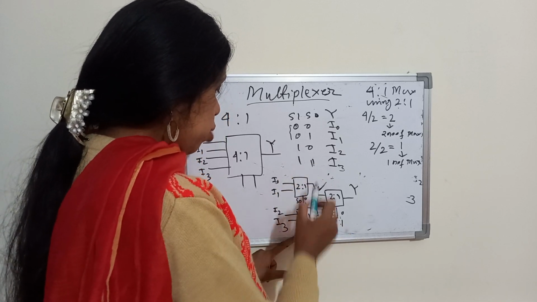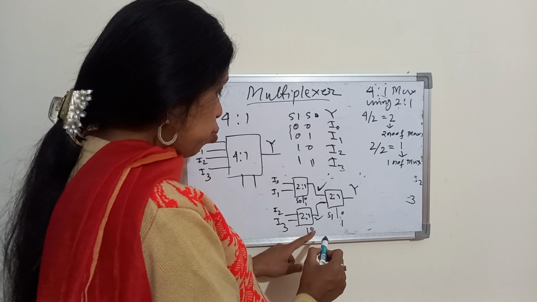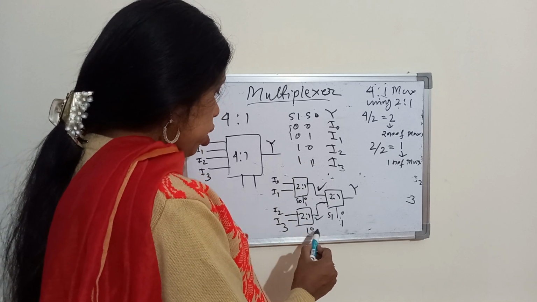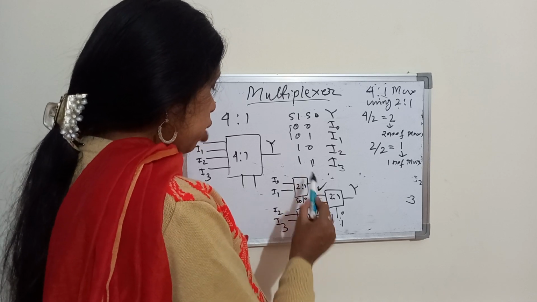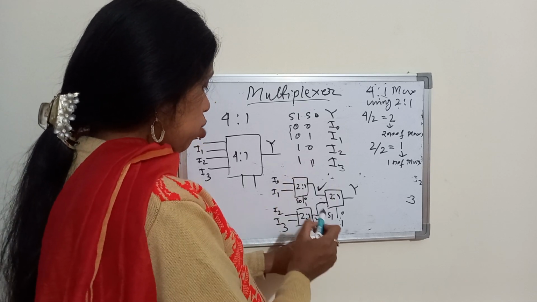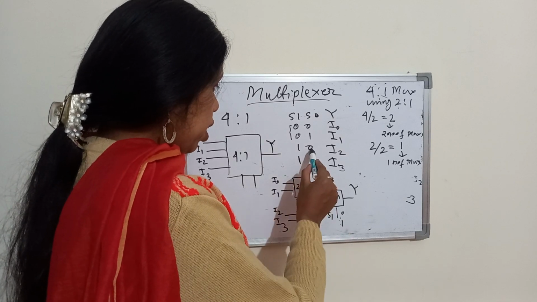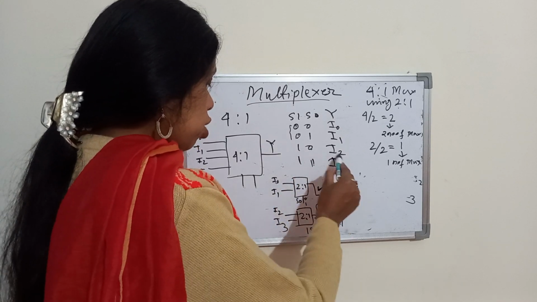Now I am putting 0 here. If I put 0 here, I3 is selected. That means this is 1 and this is 0, so this will be S1 and this will be S0. So I3 is selected.